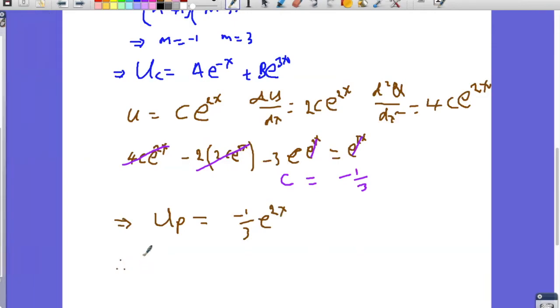Therefore, our general solution, u general, is a e raised to the power -x plus b e raised to the power 3x minus 1/3 e raised to the power 2x.